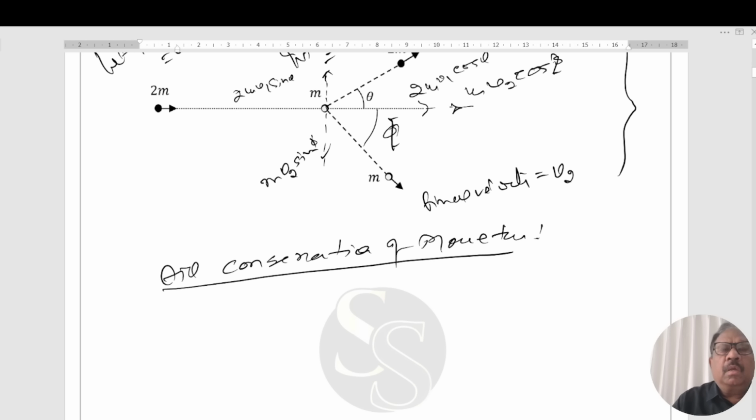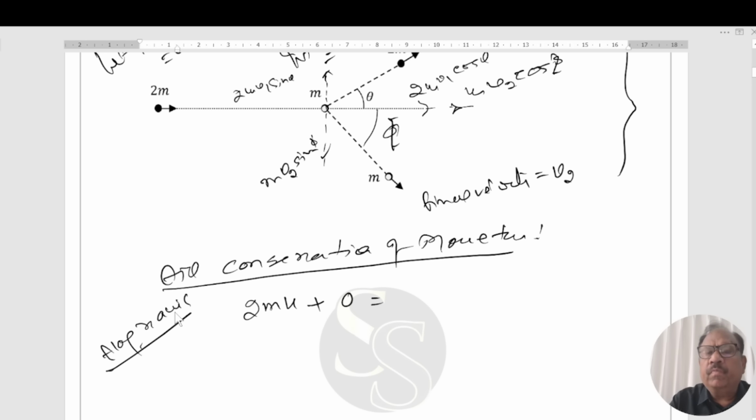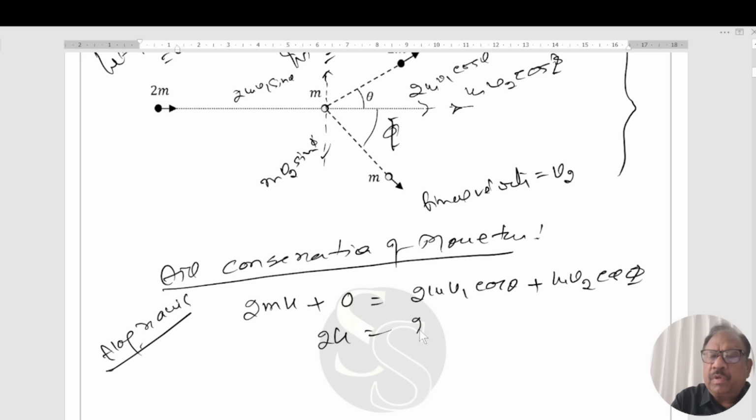According to conservation of momentum, along the x-axis: 2m u plus 0 equals 2m v1 cos theta plus m v2 cos phi. m cancels with m, so 2u equals 2v1 cos theta plus v2 cos phi. Initially it is 2m u plus the other's velocity 0; finally it is 2m v1 cos theta plus m v2 cos phi. These are the two combinations, right?